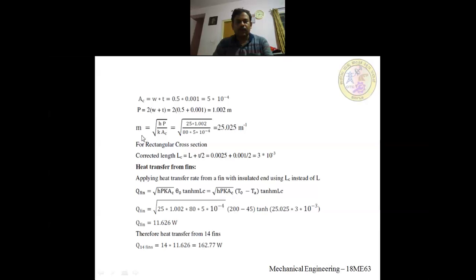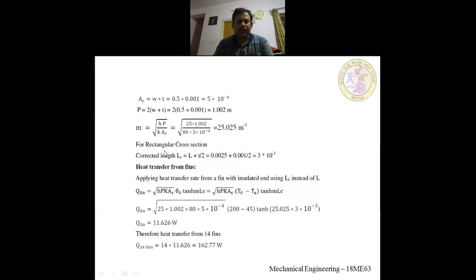Next, m is given by the square root of hP by k times Ac. So it becomes the square root of h, 25, perimeter 1.002, thermal conductivity 80, and cross section area 5 into 10 to the power of minus 4. Then m will be 25.025 per meter.